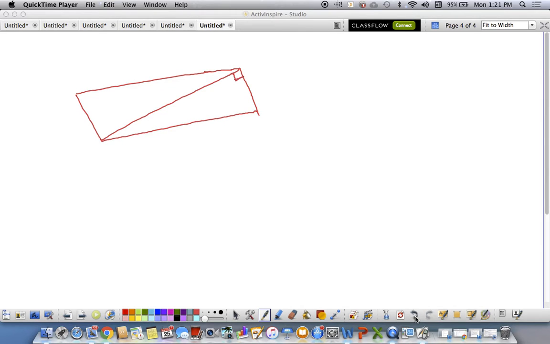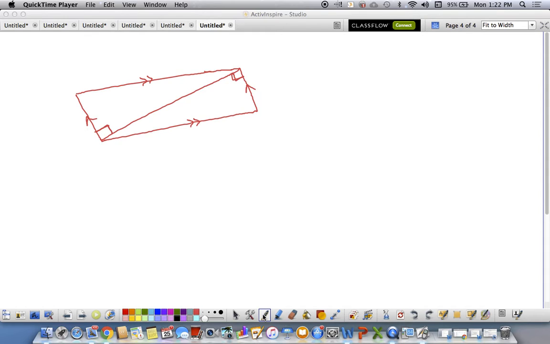We're going to pretend that I have right angles. When I took this parallelogram, so this is parallel to this, and this is parallel to this. Okay? And we're just going to pretend like it still looks like a parallelogram. And when I cut a diagonal, I actually cut it into two separate right triangles.